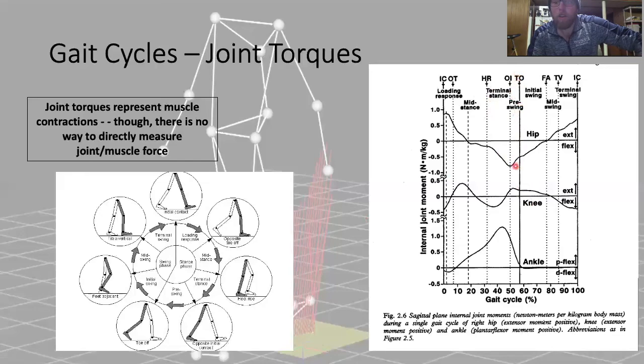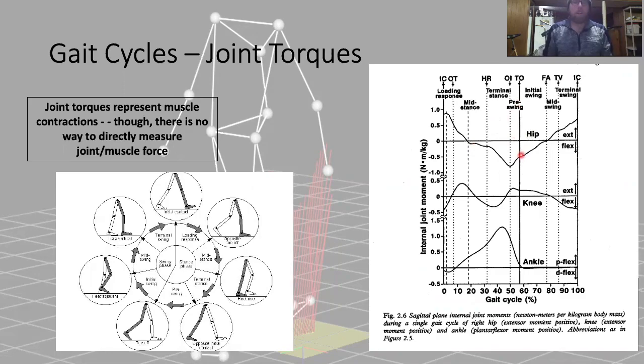All right, so if we start looking at toe off and we look at the hip during toe off, you're like, okay, wait a minute. Why does it say flexion at toe off?